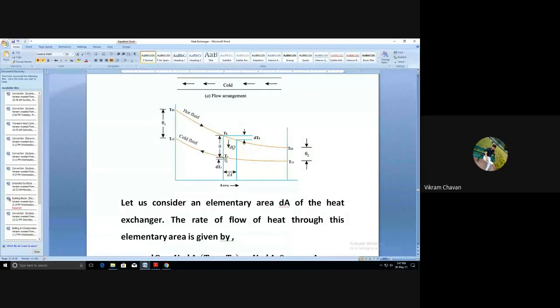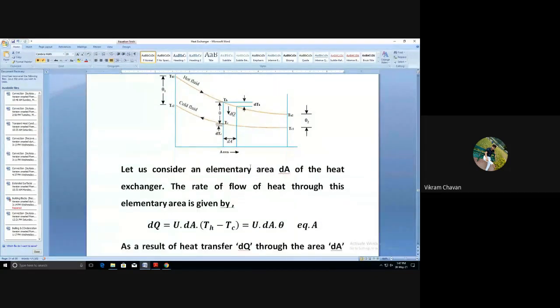In a similar fashion, the cold fluid temperature is also going to decrease in the positive x direction. So for the heat gain of the cold fluid also, we will get a negative heat transfer rate.